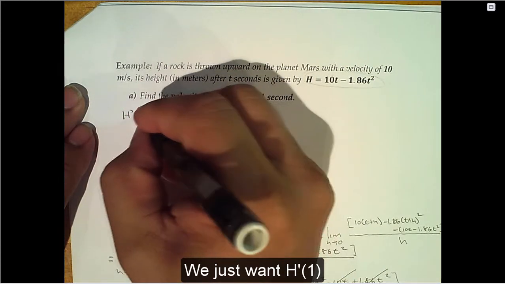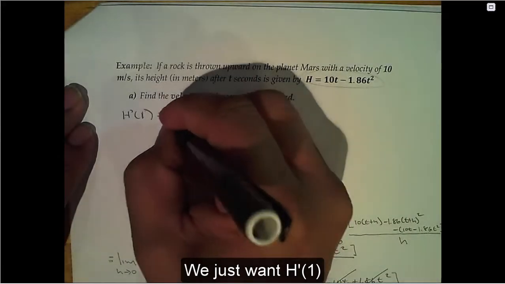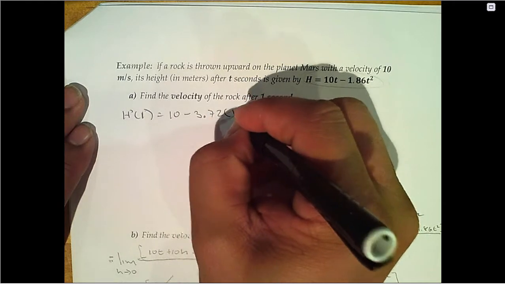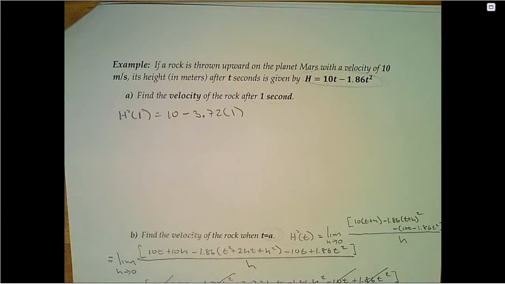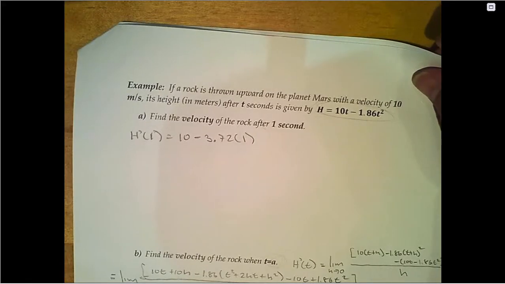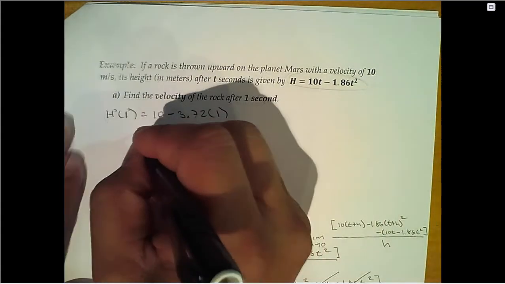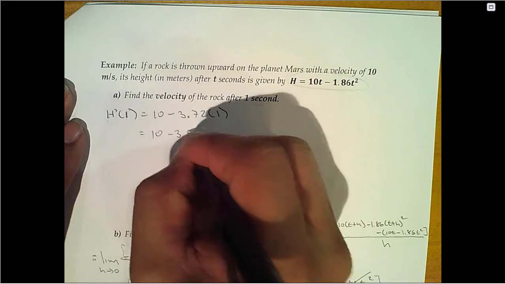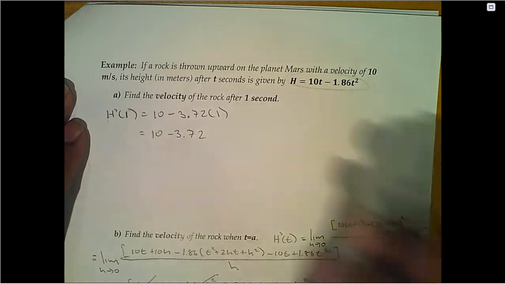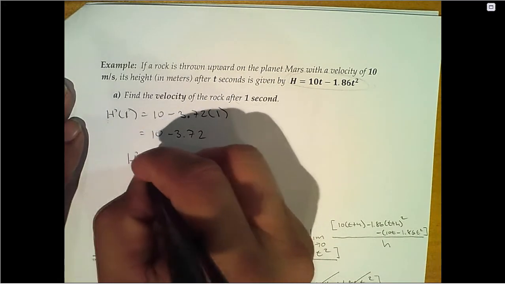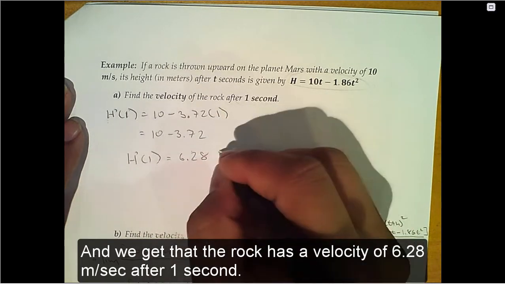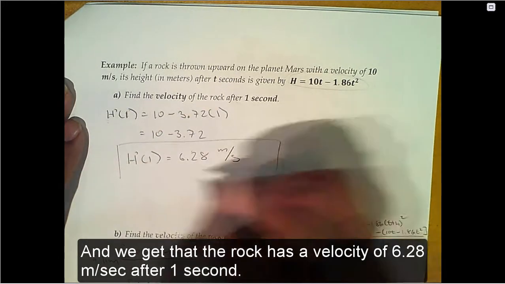We just want h prime of 1 and we get that the rock has a velocity of 6.28 meters per second after 1 second.